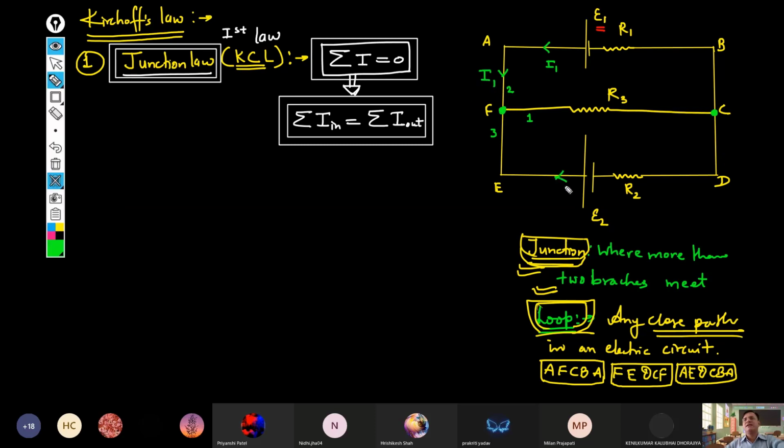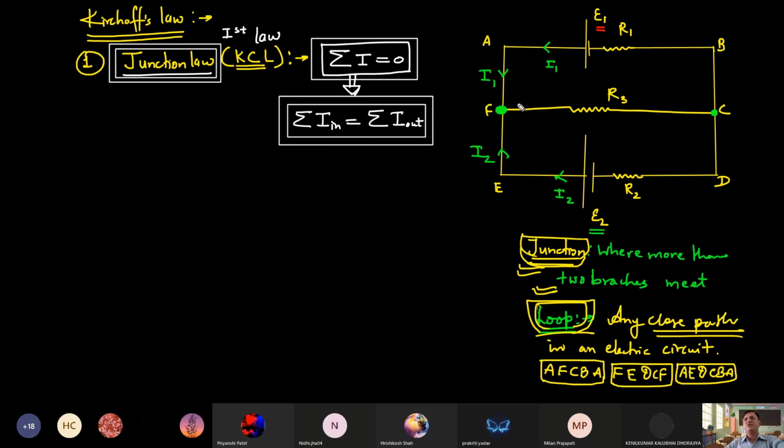Now if I talk about the second cell E2, let's say I2 current is coming out of this, and this I2 current is moving towards the junction point F. Now over here, the incoming currents are I1 and I2. So the outgoing current in the branch FC will be I1 plus I2.